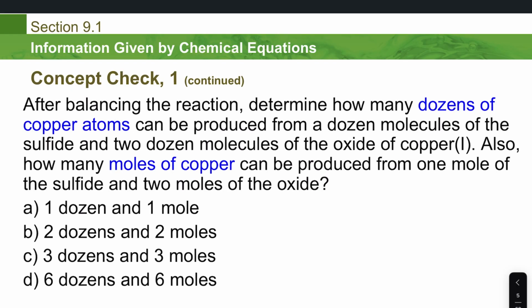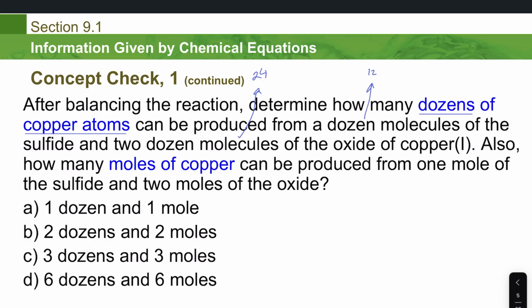And so, once we balance the reaction, the question is asking us to determine how many dozens of the copper atoms we can produce from a dozen molecules of the sulfide and 2 dozen molecules of the oxide of copper. Well, we know that a dozen is 12, and 2 dozen molecules of the oxide, copper oxide, is going to be 24.